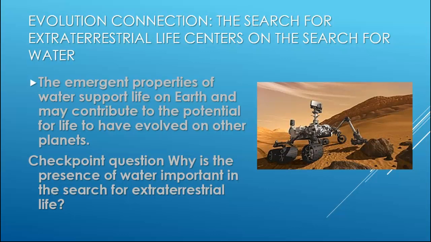And so when we send the rovers to Mars, or we go to the moon or places like that, we're looking for the presence of, or the indication that water has been present in those places to determine whether it's possible that life might have evolved on other planets. So your last question: why is the presence of water important in the search for extraterrestrial life?